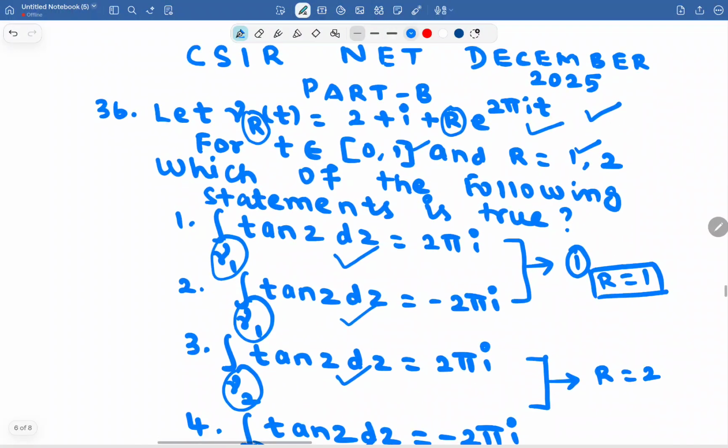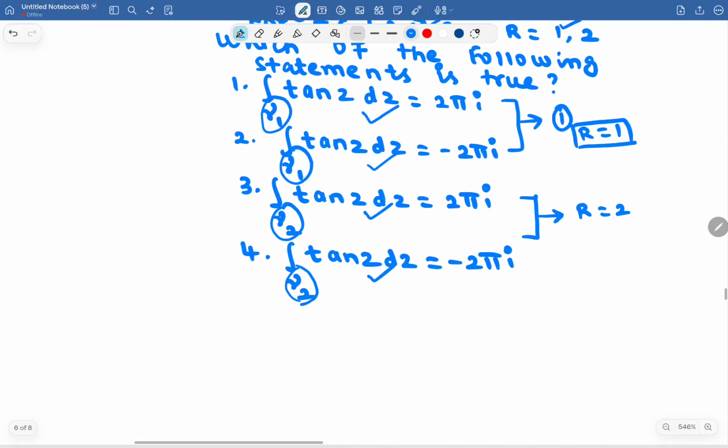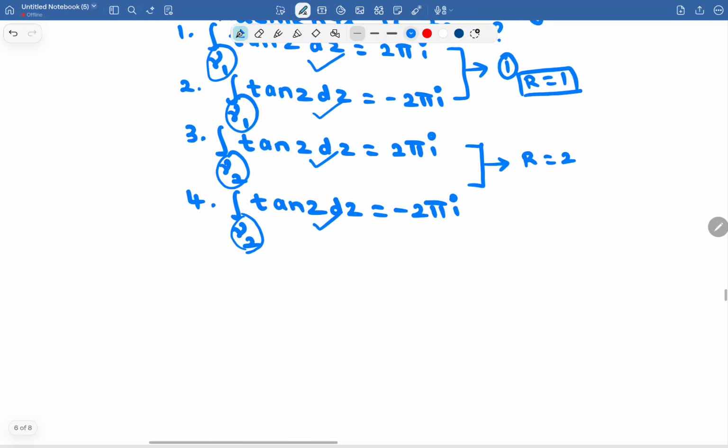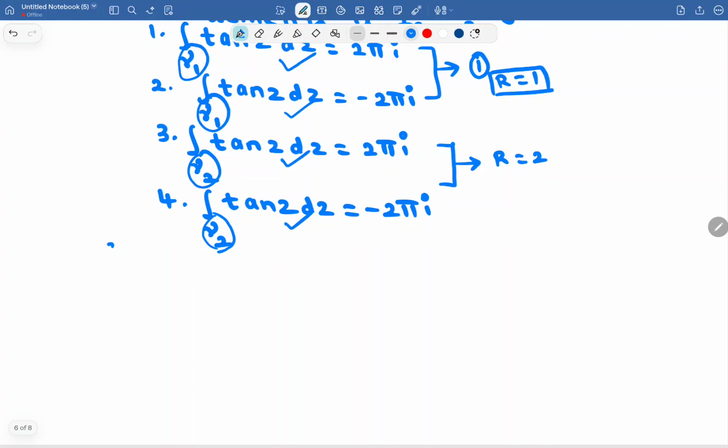For this problem I am going to use the argument principle. First of all, let me write the statement of the argument principle before proceeding towards the problem.